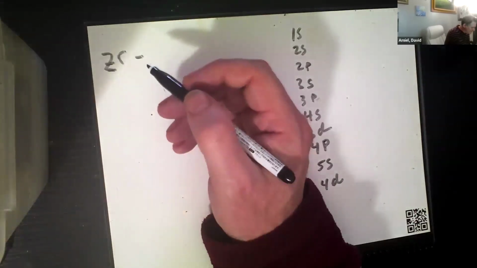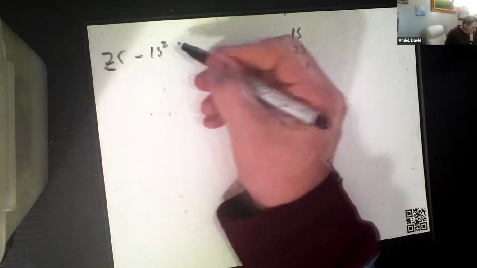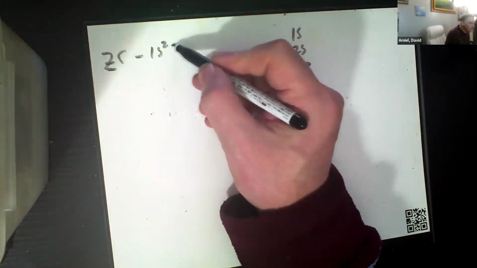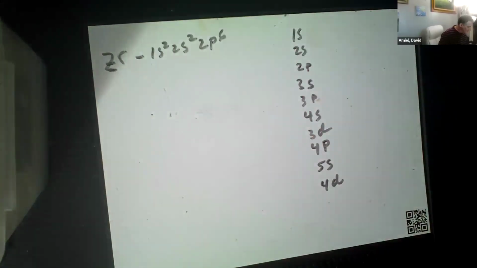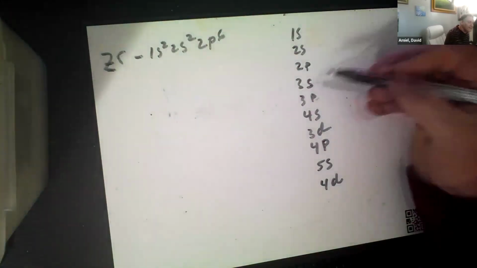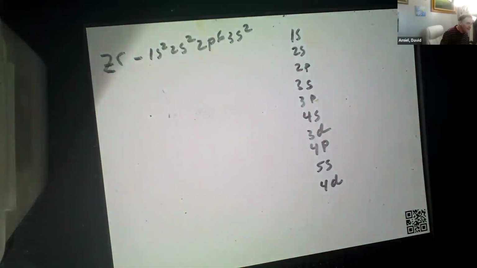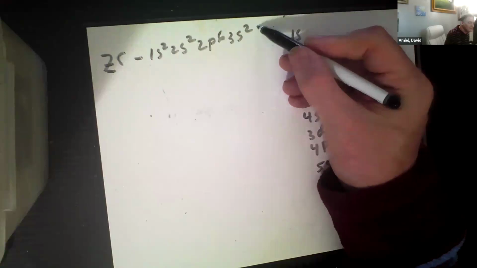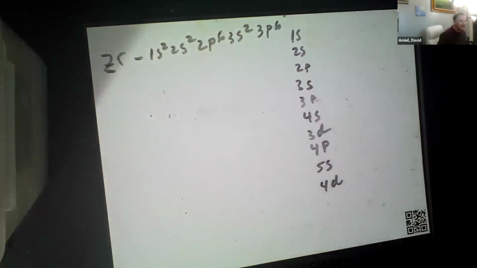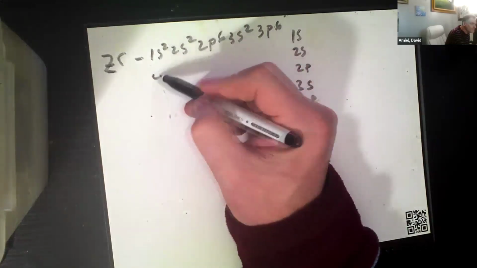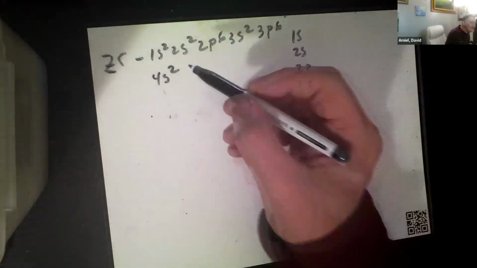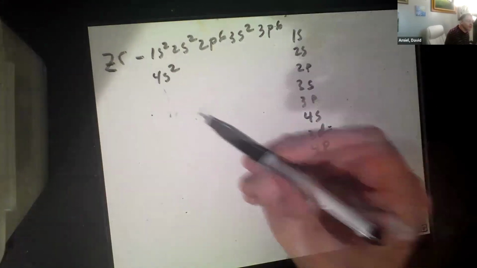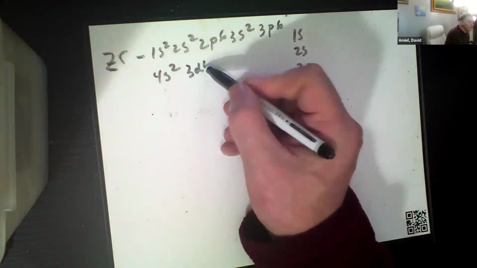Okay, we have 1s2, 2s2, 2p6, 3s2, 3p6, 4s2. And now we have 3d10. 10 electrons go in the d orbital.